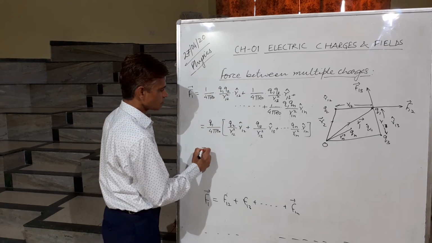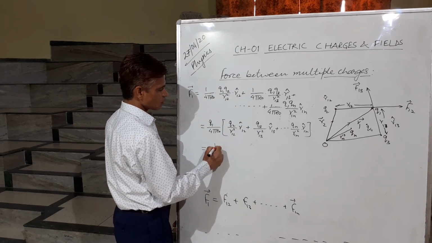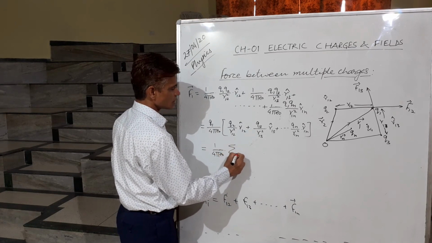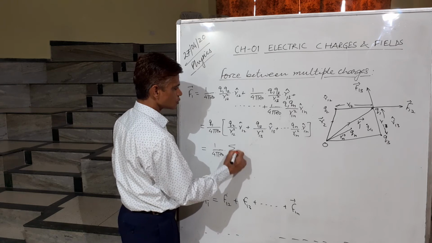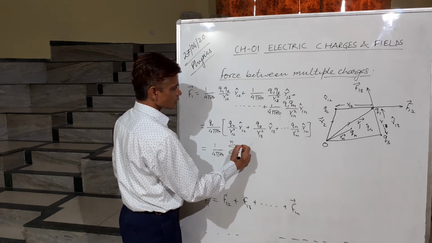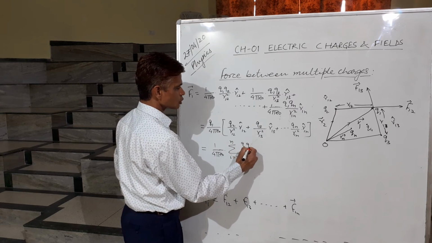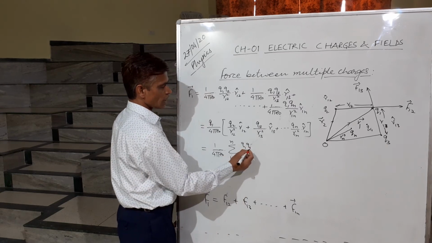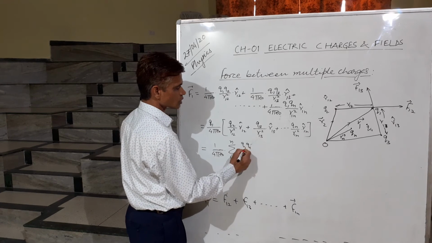In summation form, this can be written as 1 by 4 pi epsilon naught summation i equal to 2 to n, q1 qi upon r1i square into unit vector r1i cap, where i stands for 2, 3 and so on.